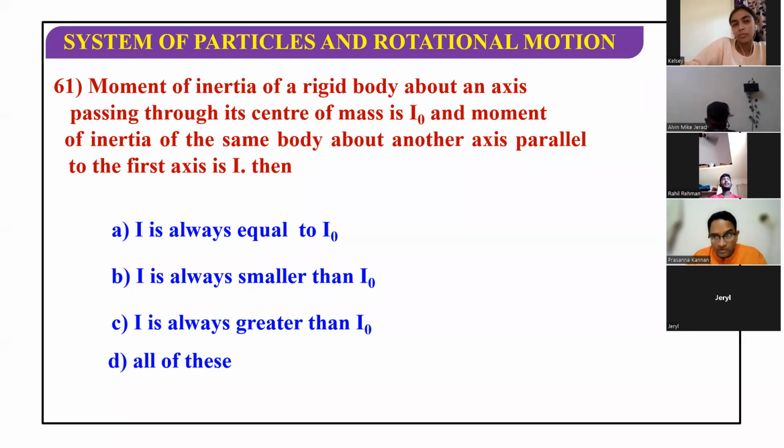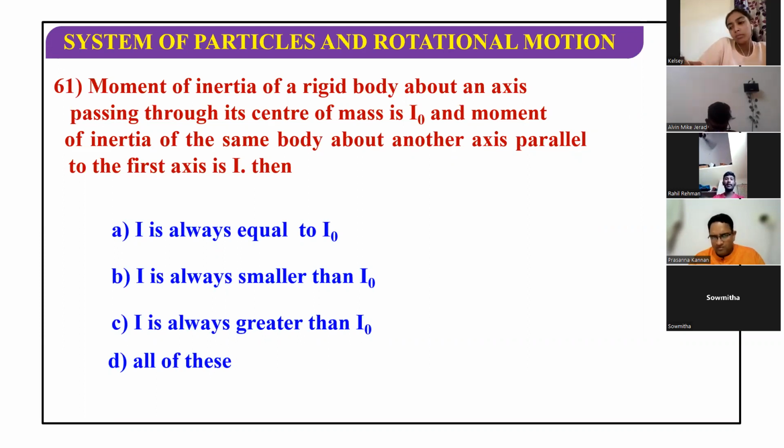Sir, I naught is equal to I plus MR square. I naught is your I COM. Isn't it I is equal to I naught plus MR square? I thought it was the reverse.